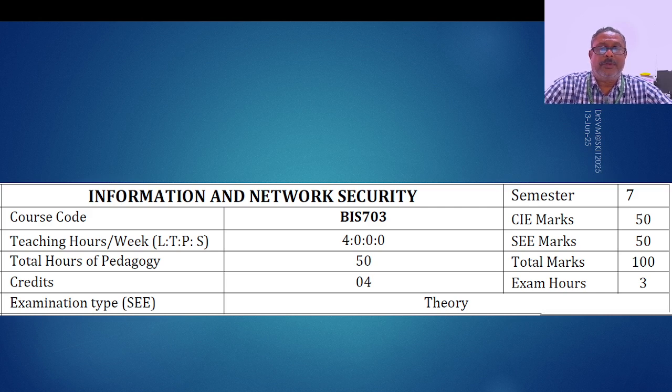The credit for this course is 4. The continuous internal evaluation is for 50 marks, and the semester end exam is for 50 marks, which makes a total of 100. The semester end exam is for 3 hours, and the examination type is theory.